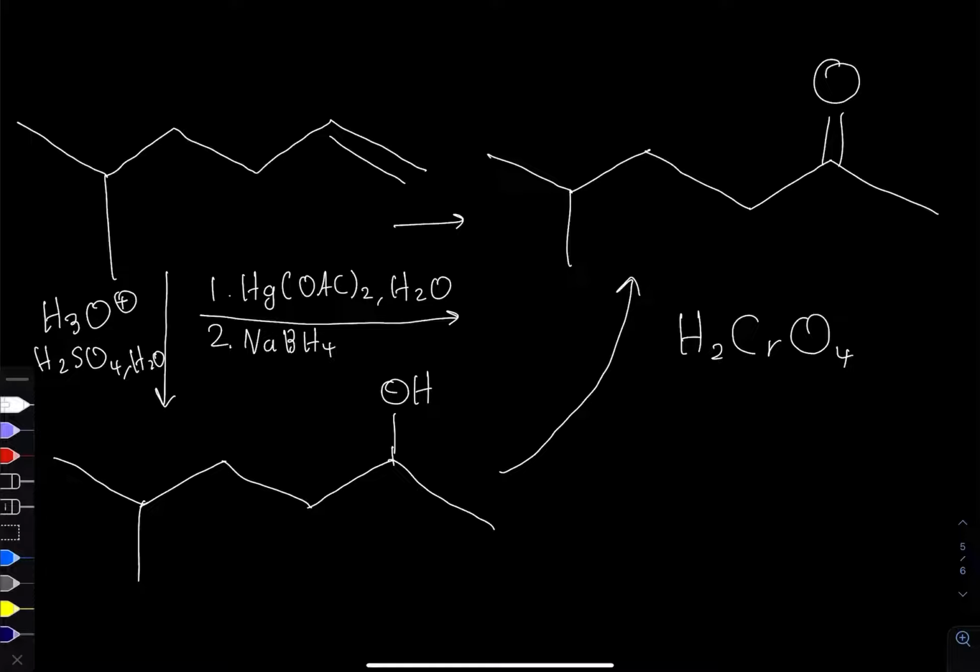If you use chromic acid, this secondary alcohol will be oxidized to a ketone. However, you don't necessarily need to. You could also use PCC, which we used before. PCC is a milder oxidizing agent, but in this case it's taking it one step up.